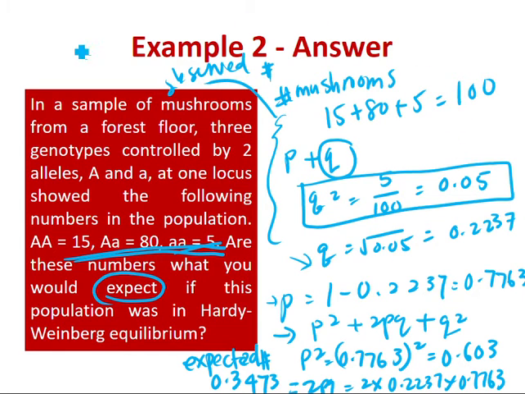So let's say Q squared is 0.05, right? We have 100, so you multiply it by 100, the number of members in that population. It's not a percentage, it's the number of members in the population.